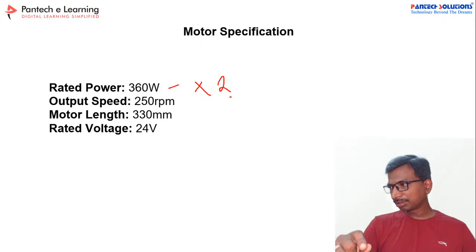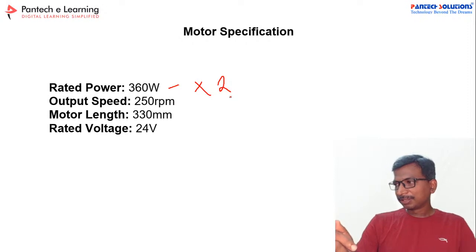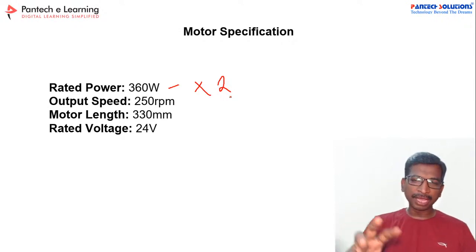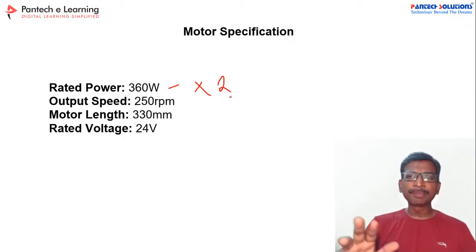Why did you choose a DC motor only? That is why I am trying to give you the answers. For the worst case scenario, I have to use high power, double the power requirement.